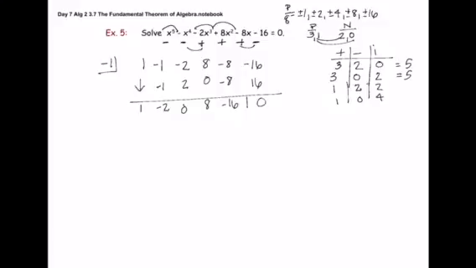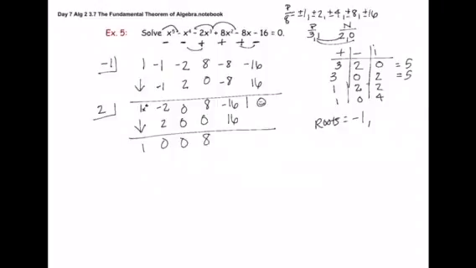Got a remainder of 0, so I know one of my roots is negative 1. Continue with my synthetic division because this is now to the 4th power. So I'm going to try a positive 2. Again, it worked. Another root is positive 2.